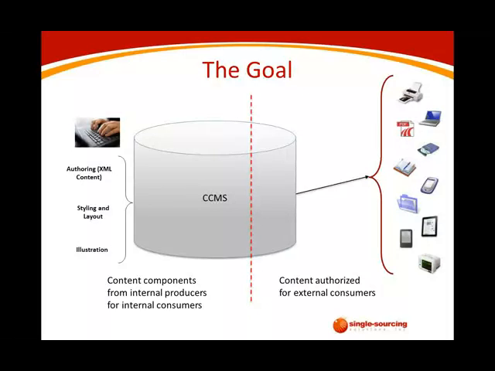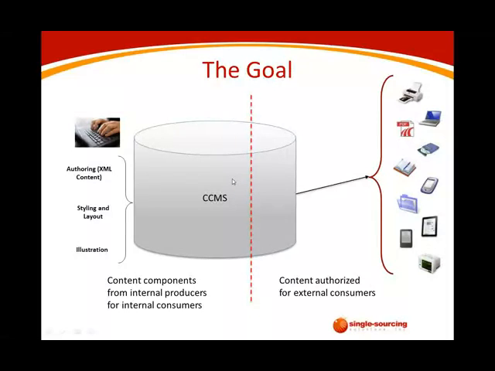You've got the internal groups all doing authoring and layout and illustration, and they're doing everything on their side, and they're associating all of that content with the one that needs to go out and be delivered to your customers, so that you can see how the pieces on one side get gathered together, rearranged, formatted, illustrated, laid out, and then delivered out to the proper channel where your customer is looking for that content.